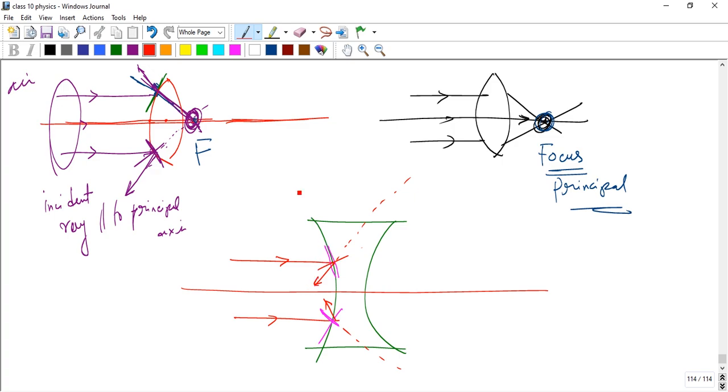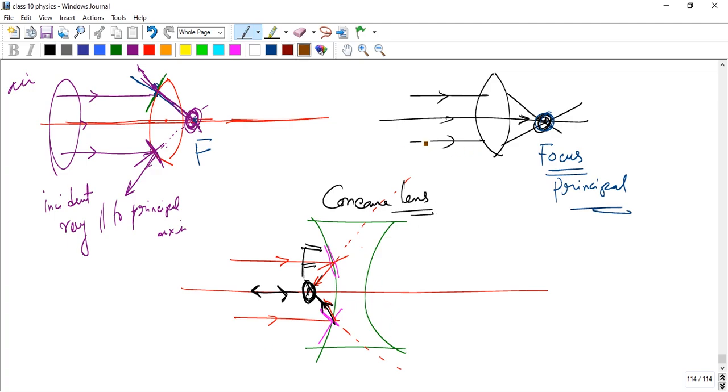So you see that if that ray meets here, and this ray incident and after reflected meet here, that is a focus, or principal focus of concave lens. Okay, and you see that very carefully.